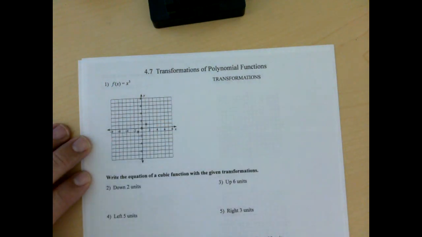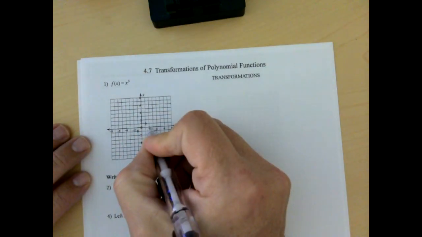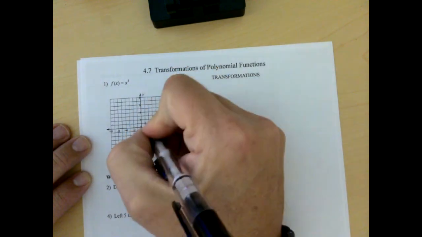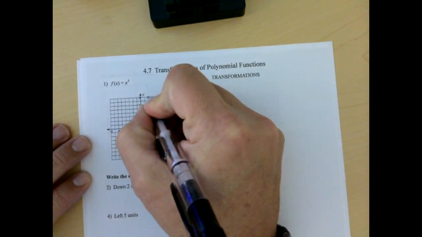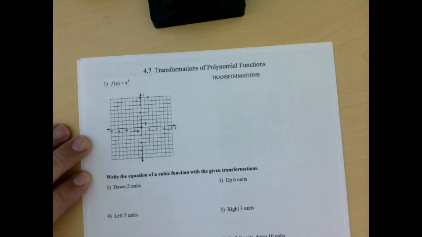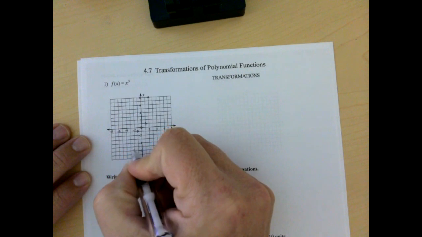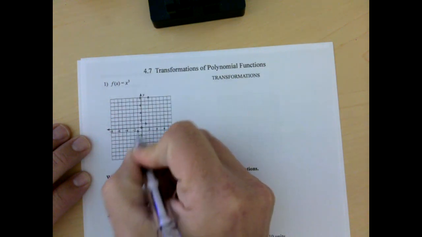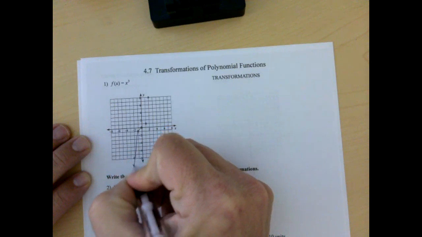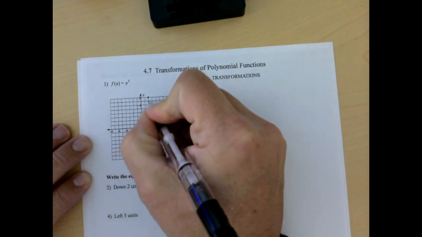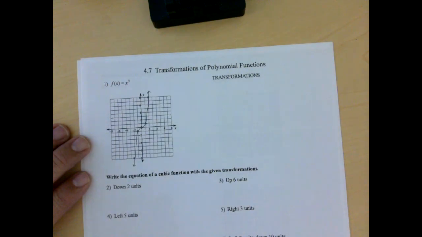So if you only plotted those points, you would think it's a straight line, but it's not, because as soon as you plug in a 2, 2 cubed is all the way up at 8, because 2 times 2 times 2 is 8. And then if you plugged in a -2, you would be all the way down at -8. So this is the general shape of a cubic function.